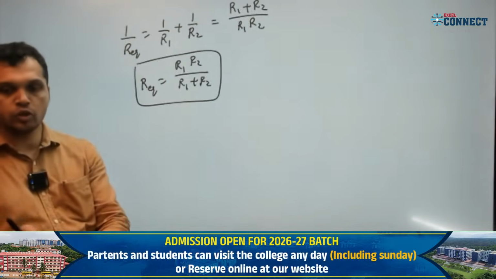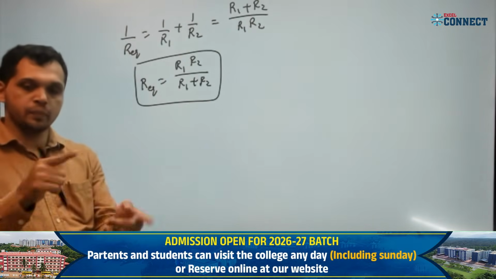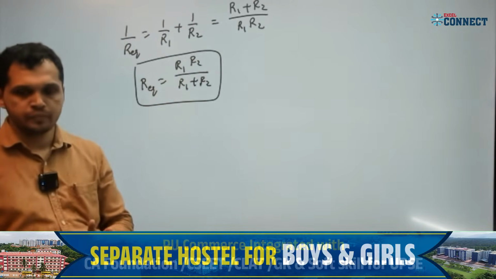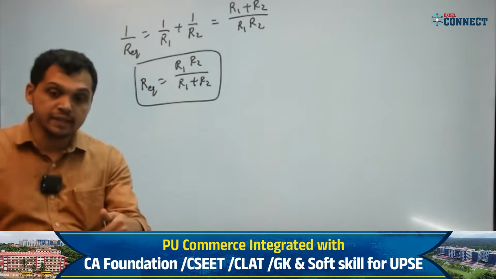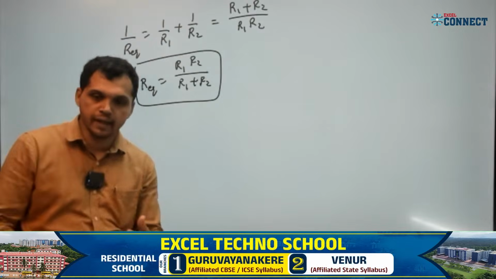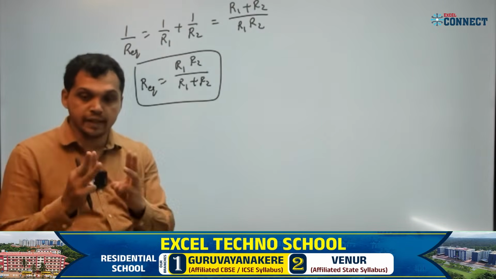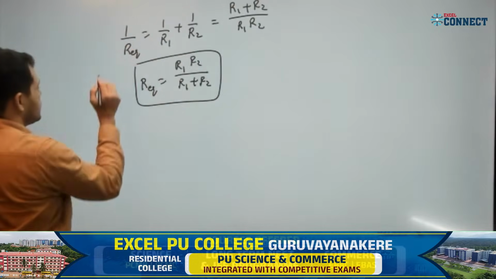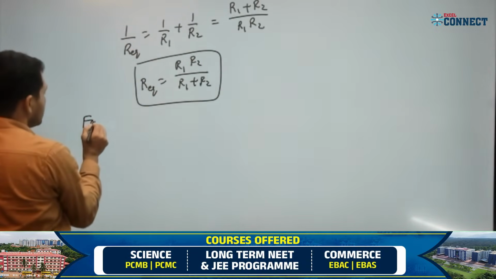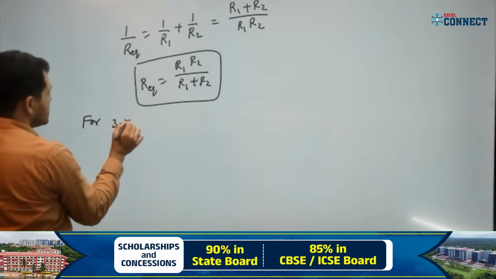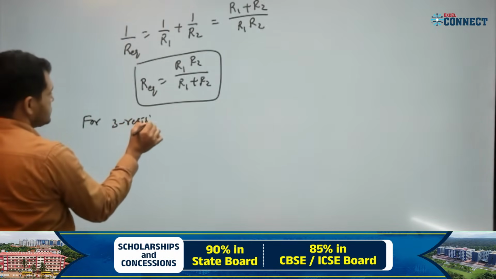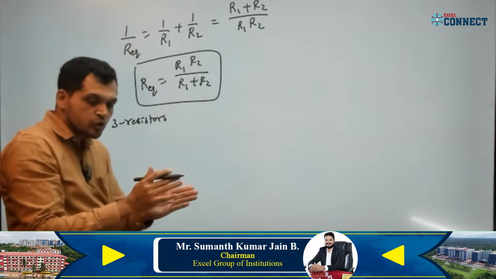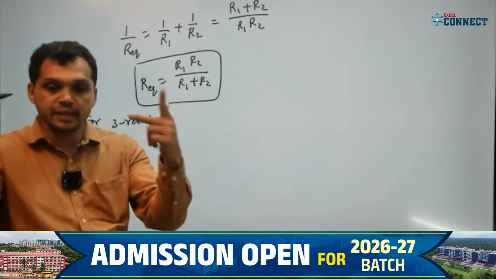This is the simplified equation for equivalent resistance when two resistors are in parallel. In series we got R1 plus R2. In parallel we get R1 R2 by R1 plus R2. Suppose I take three resistors. How can I write the equation? Then the total current will split into three branches, right?